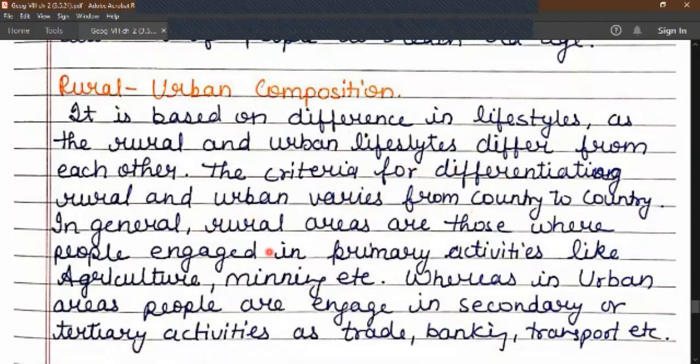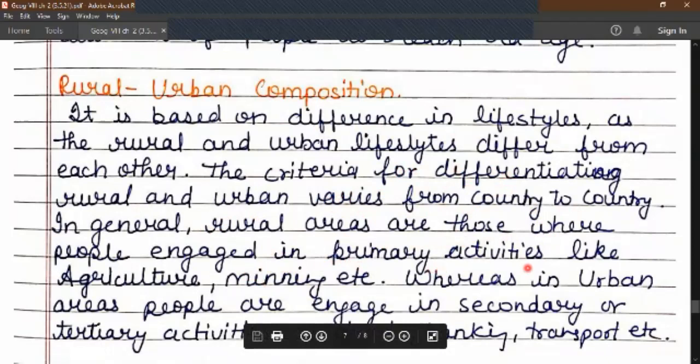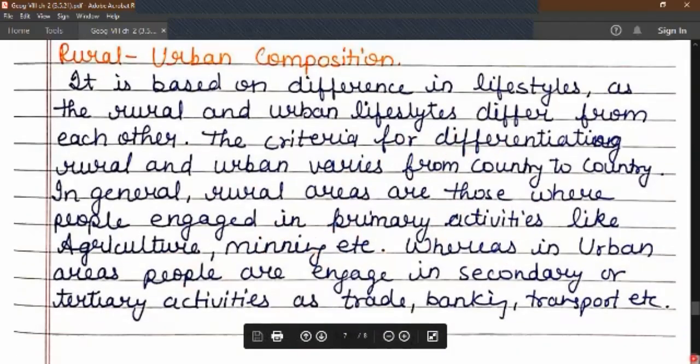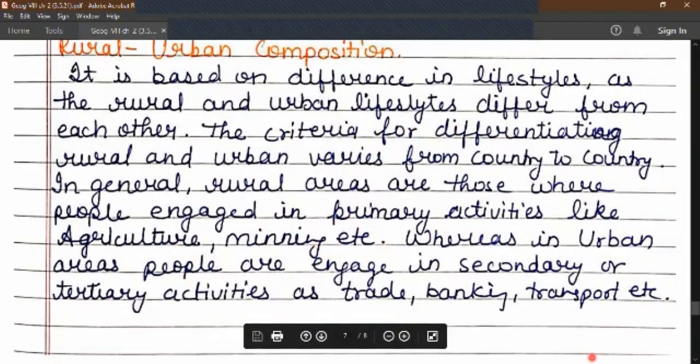In general, rural areas are those where people are engaged in primary activities like agriculture, mining, etc. Whereas in urban areas, people are engaged in secondary or tertiary activities, for example trade, banking, transport, industries, etc.